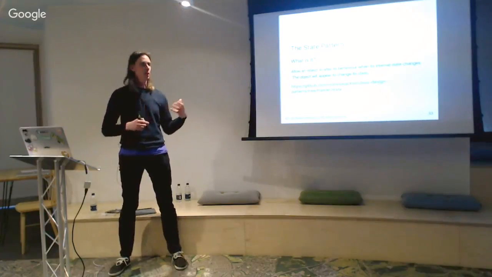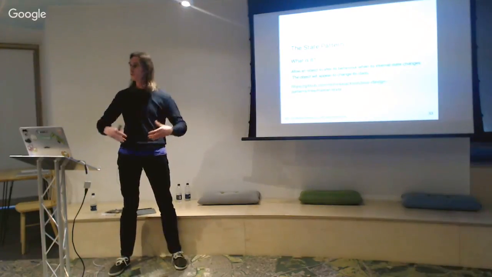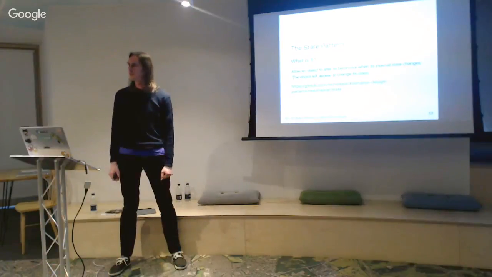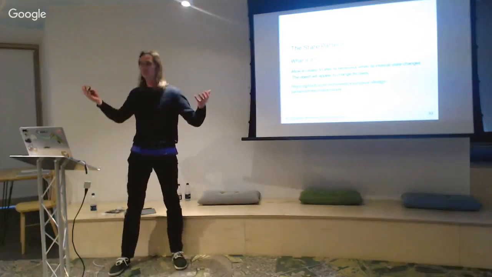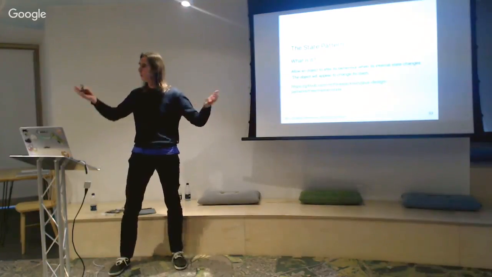So based on my current state, which is that I'm presenting something to you lovely people, the answer is yes, I'm happy. So I might go and do something like buy you all a beer later.